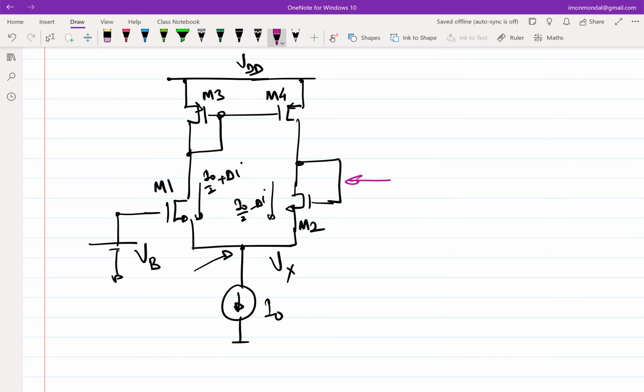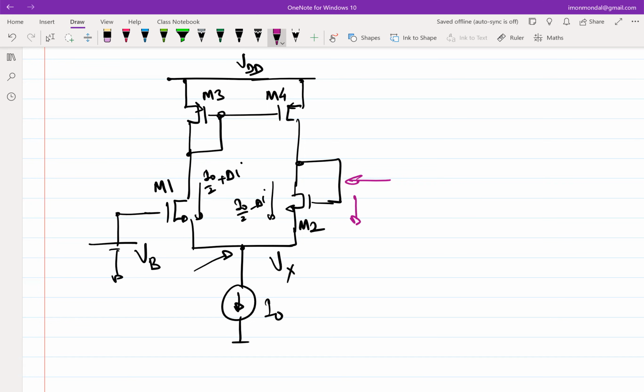The source is not changing, so it should not change. No, we started off with the assumption that there is a differential delta I. Source is not changing, so the gate has to go down, not up. The current through M2 was initially I naught by 2, and now it has reduced from I naught by 2, so the gate has to go down.